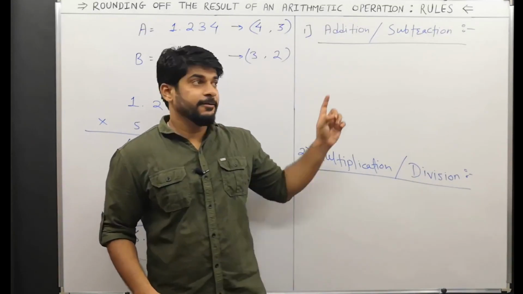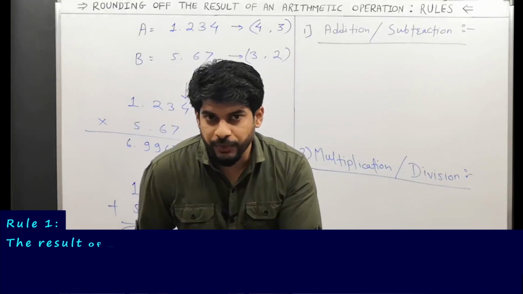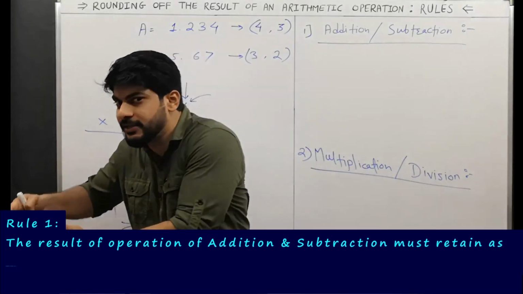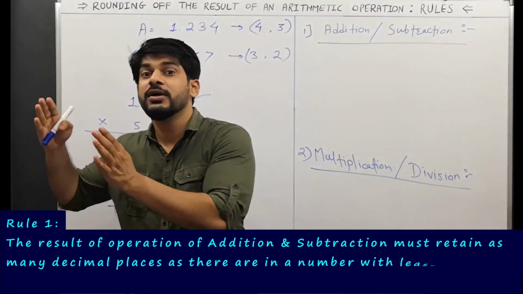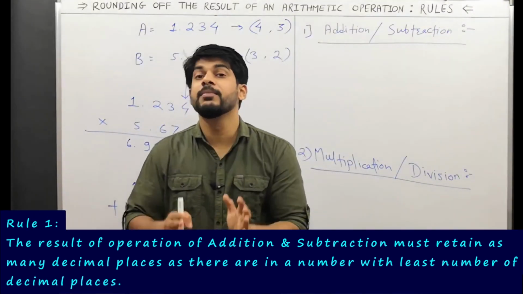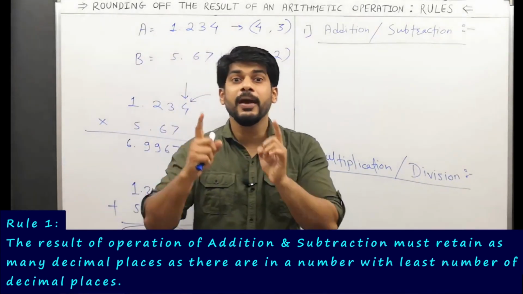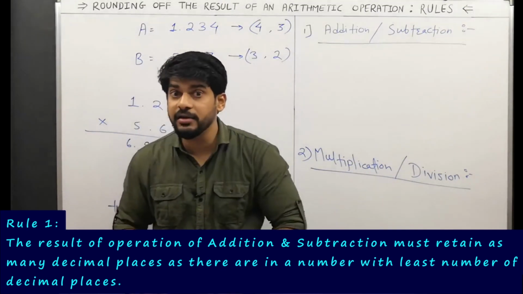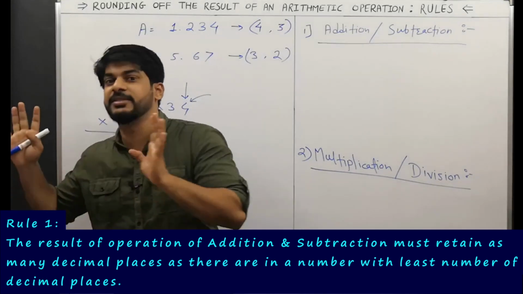The rule says that the result of operation of addition and subtraction must retain as many decimal places as there are in a number with the least number of decimal places.